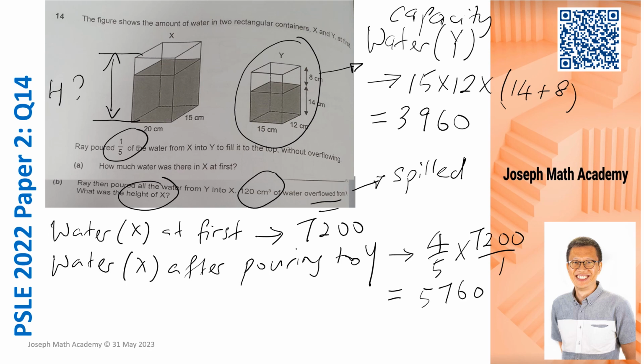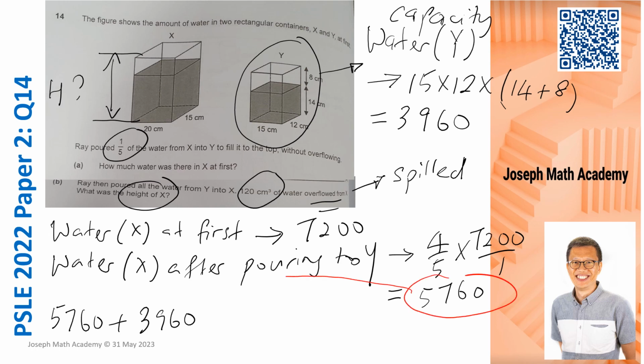We will take the answer 5,760 plus 3,960. 5,760 is the water in X after pouring into Y, that's this part.